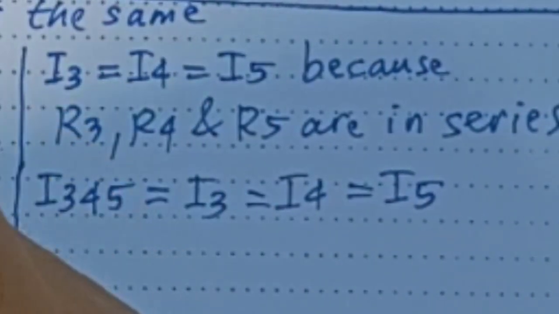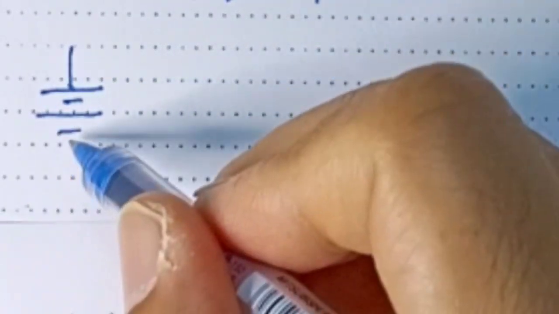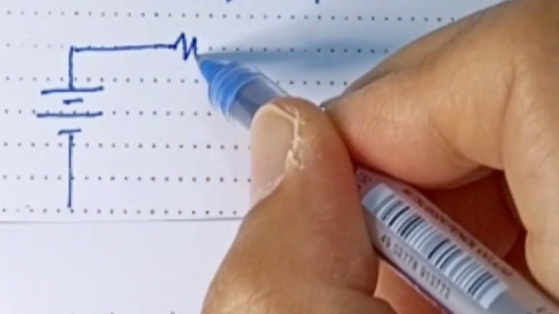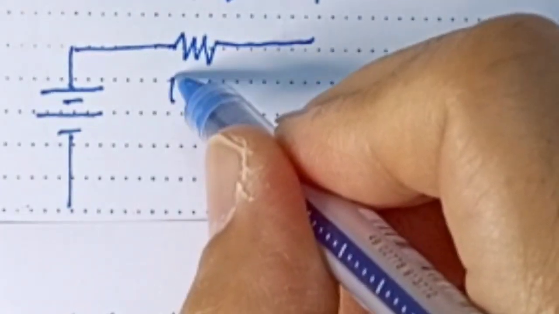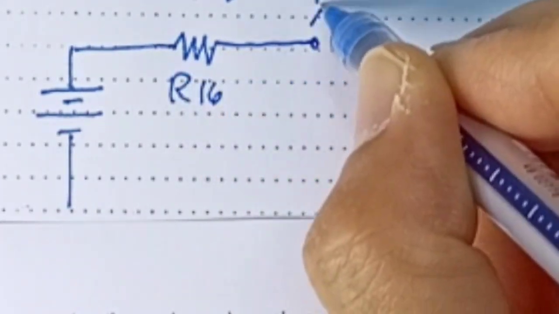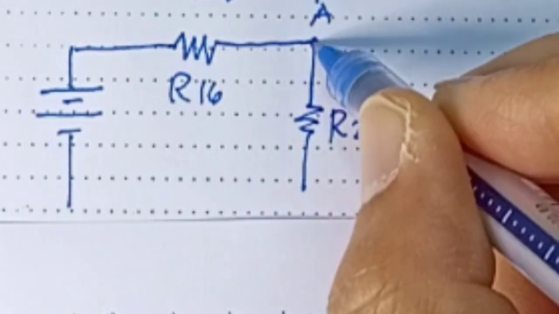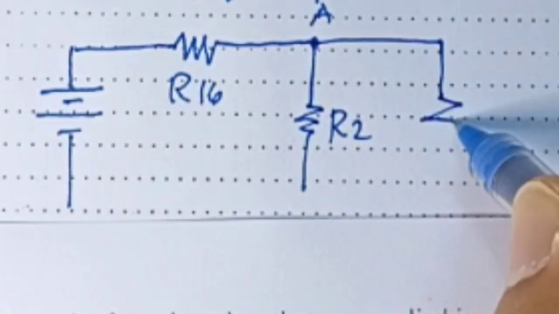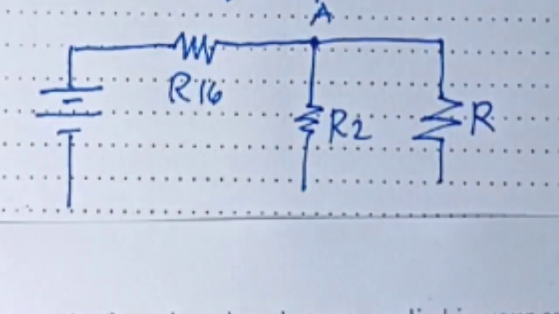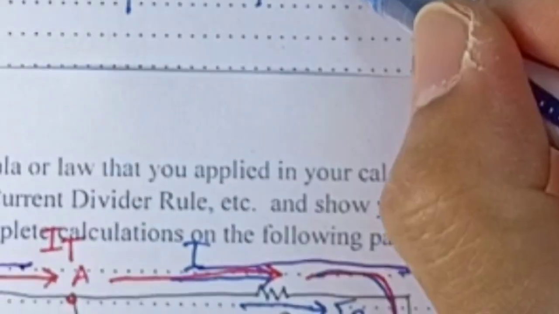Now, if you look at the circuit again, let's draw it again. You will have here the resistor R16 going to node A, and then in node A we have R2, and here we have the combination of R3, R4, and R5.